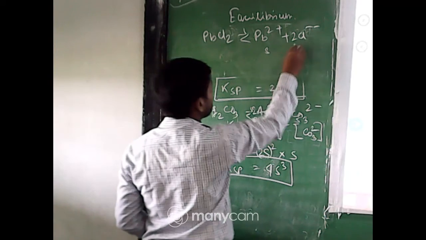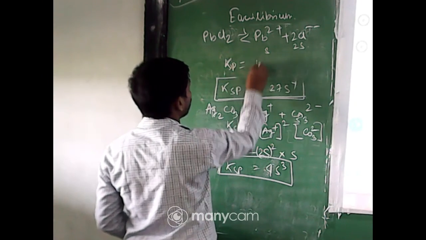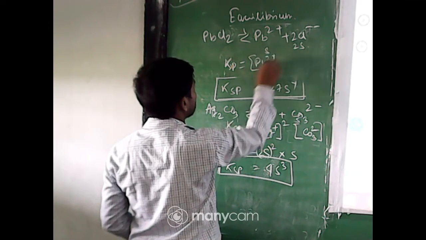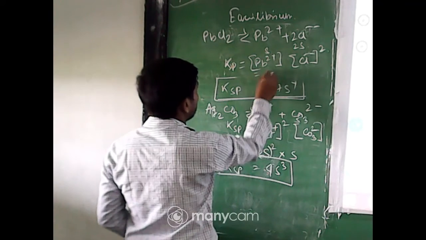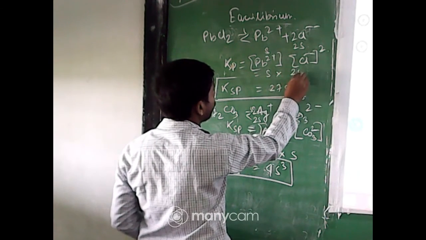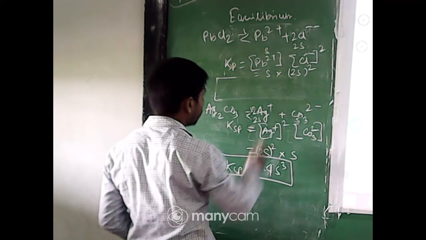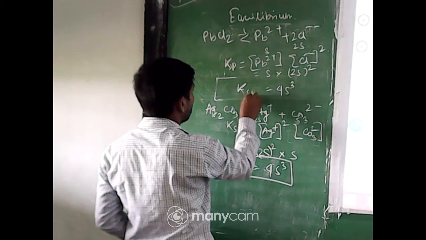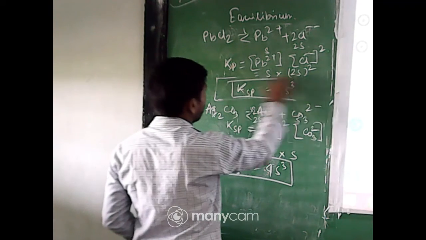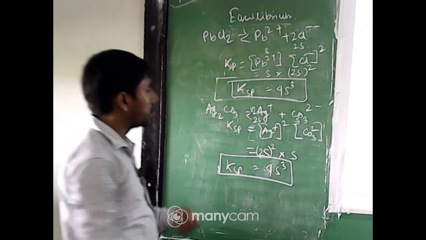Here, calculating with S, the chloride is 2S. Ksp equals Pb2+ concentration into Cl minus squared. It is S into 2S squared, that is 4S cubed, equal to Ksp. So in this way we can derive the relation between Ksp and S.